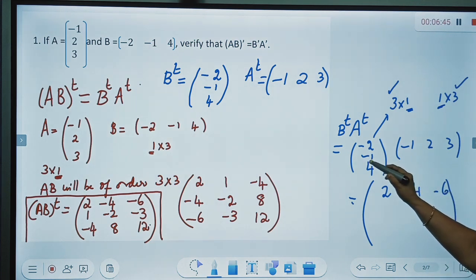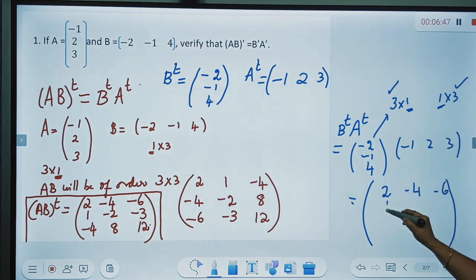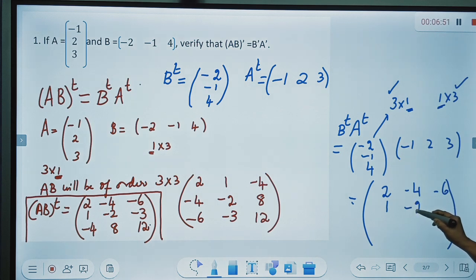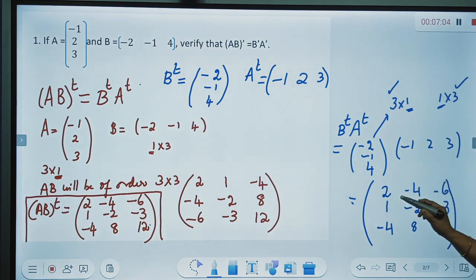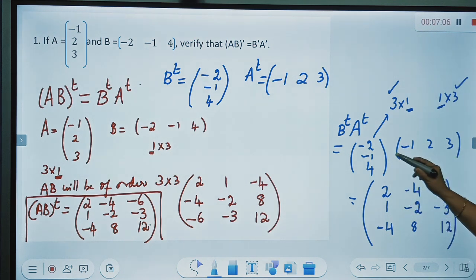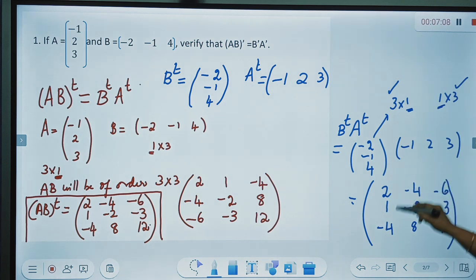Then A21 will be -1 into -1, 1. A22 will be -2. A23 will be -3. A31 will be -4, 8, 12. So: 2, -4, -6; 1, -2, -3; -4, 8 and 12.